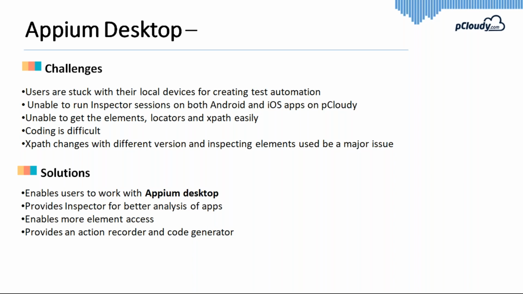Of course, this is an issue with Android, wherein if you change the versions, at times the way developers write the code, they will change the XPath, the absolute XPath, right? In that case, you need a handy solution which will help you immediately grab the XPath for that particular version and then run it, right? So these are the challenges which users typically face when they are using pCloudy. To provide a solution to all these challenges, we have introduced Appium Desktop, right?